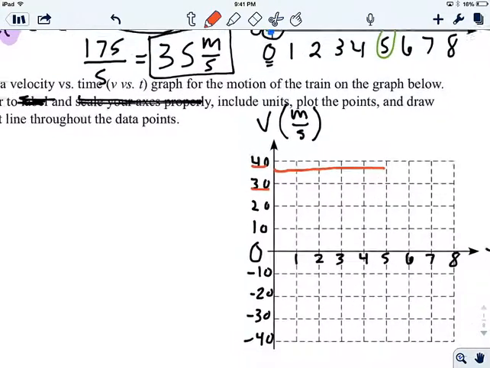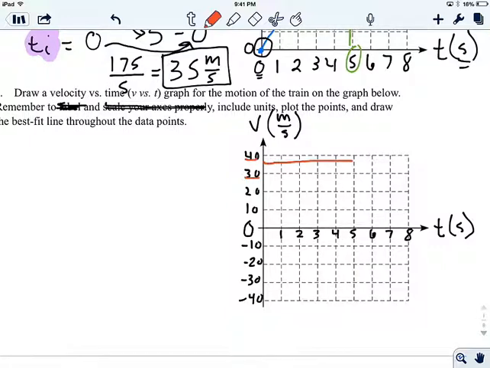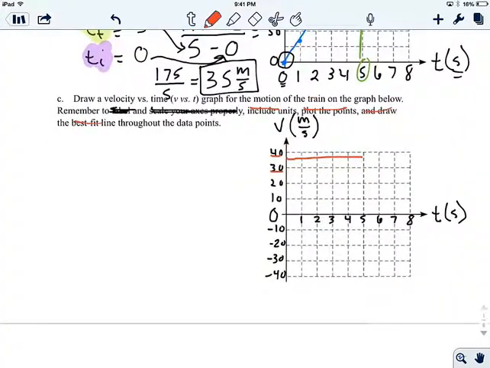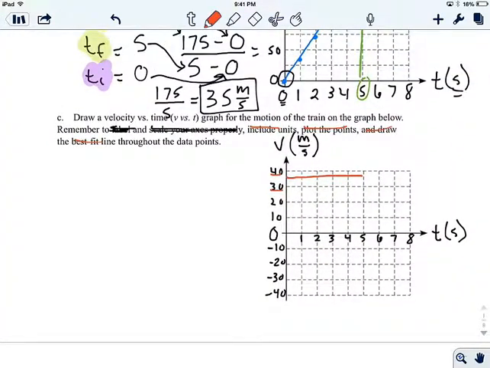That means that the velocity was constant. So it stayed the same speed for all 5 seconds at 35 meters per second. Okay, there we go. I included units, I plotted points, and I drew my line of best fit. All right, cool. So there we go, guys. That's number 1. Hope that helped.